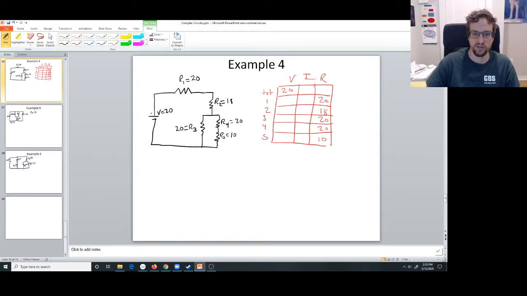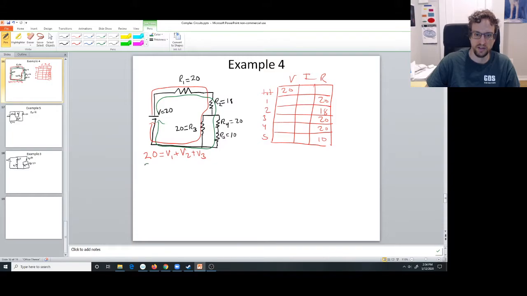Let's do voltage first. So, as we go through, one loop we can go through is this one. So that is 20 equals V1 plus V2 plus V3. And a second option we have is to go like this.